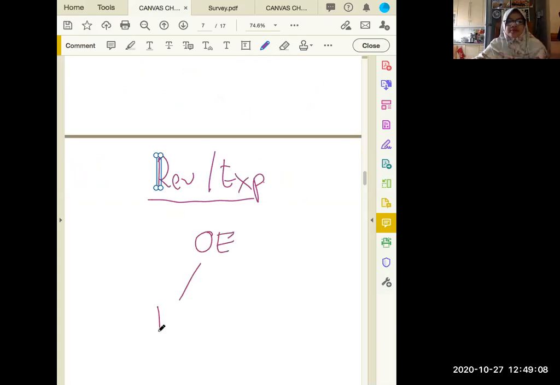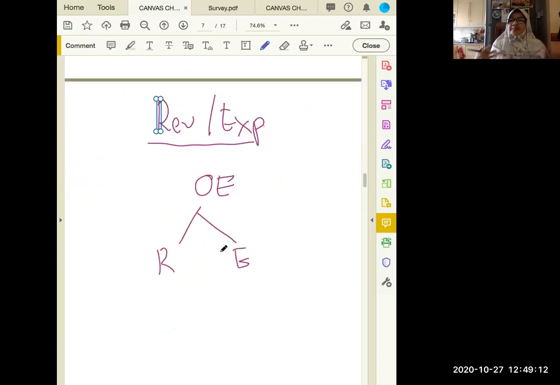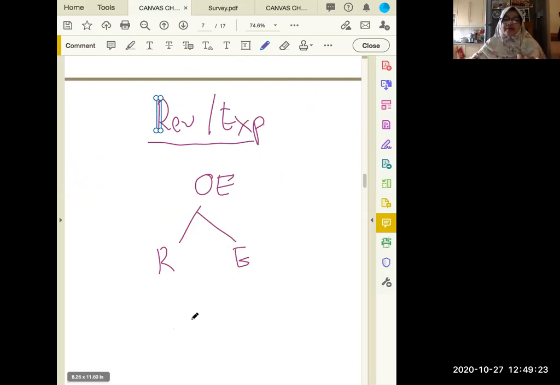Whenever you have revenue, it means that you make sales, and of course, when you make sales, your owner is happy. Your owner's equity should also increase. So whenever you have revenue, that increases your owner's equity. But whenever you have expenses, expenses reduce your owner's equity.